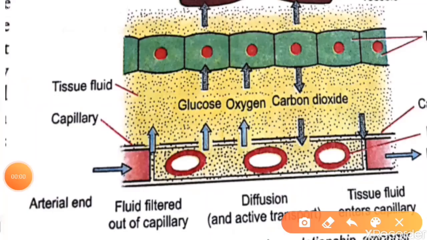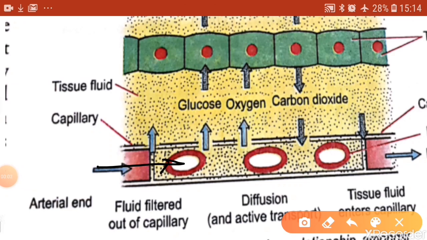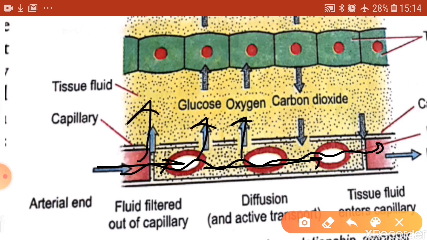As the blood flows slowly and smoothly through the capillary, and I told you that the capillaries are the ideal site for all the exchange of materials, the plasma with some of the smaller molecules will come out of the holes or pores present in the capillary.